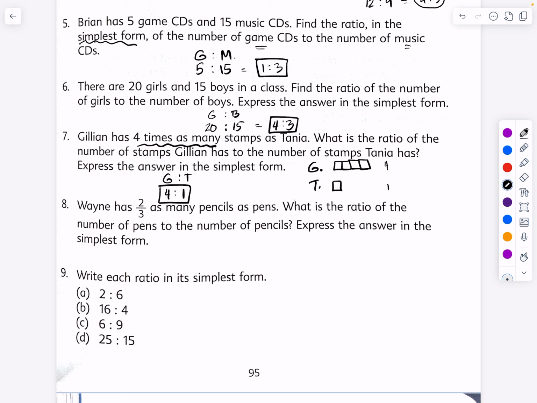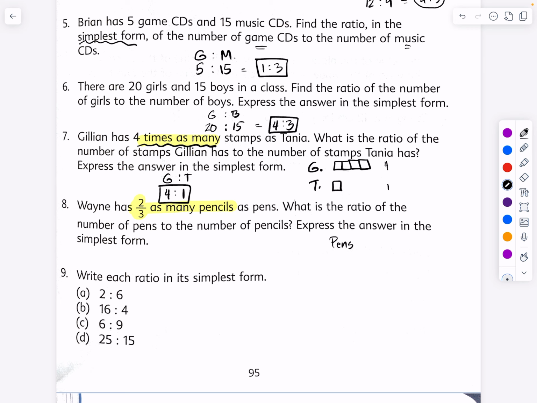Problem number 8. Wayne has 2/3 as many pencils as pens. What is the ratio of pens to pencils? Let's write it down.